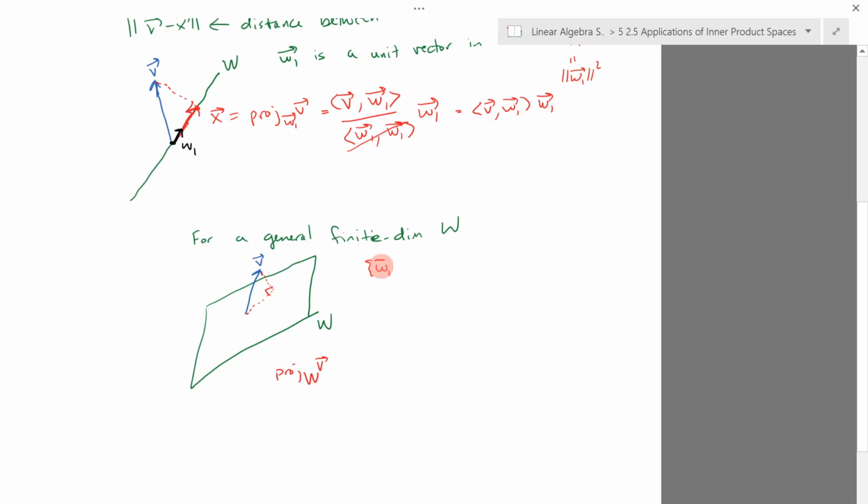So we have an orthonormal basis, but calculating this projection again is now just generalizing this calculation here, right? So that's V against W1 times W1 plus V against W2 times W2, and so on.